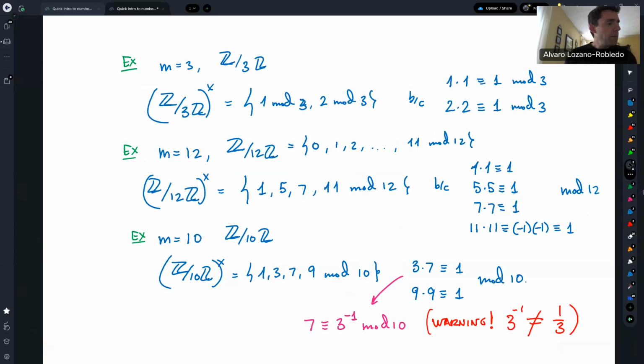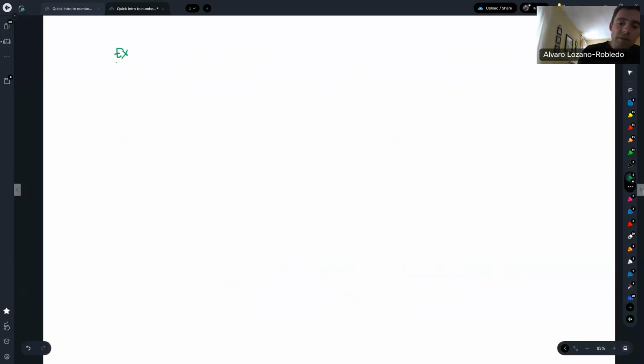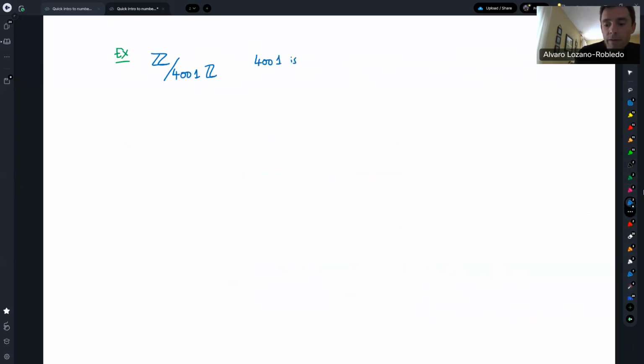Okay, what else? What happens if we look at Z mod 4001? It turns out that 4001 is prime. So if I try to compute the units, the number 1 is relatively prime to 4001 because 4001 is prime, so it has to be.